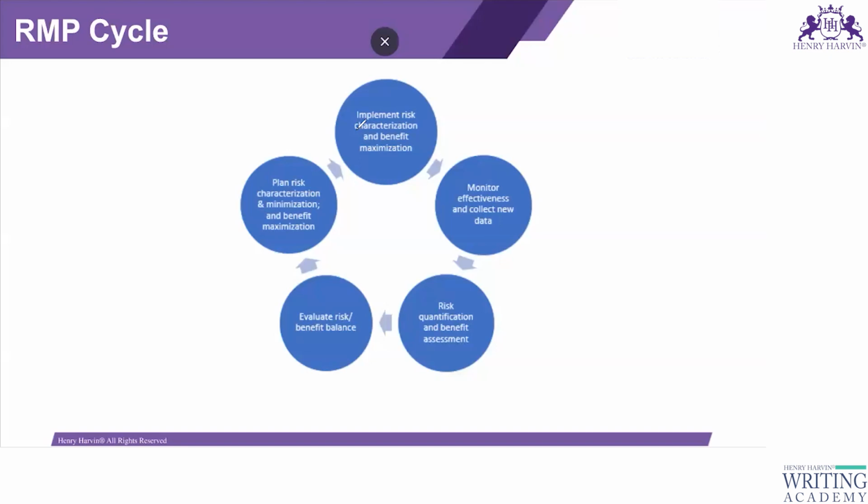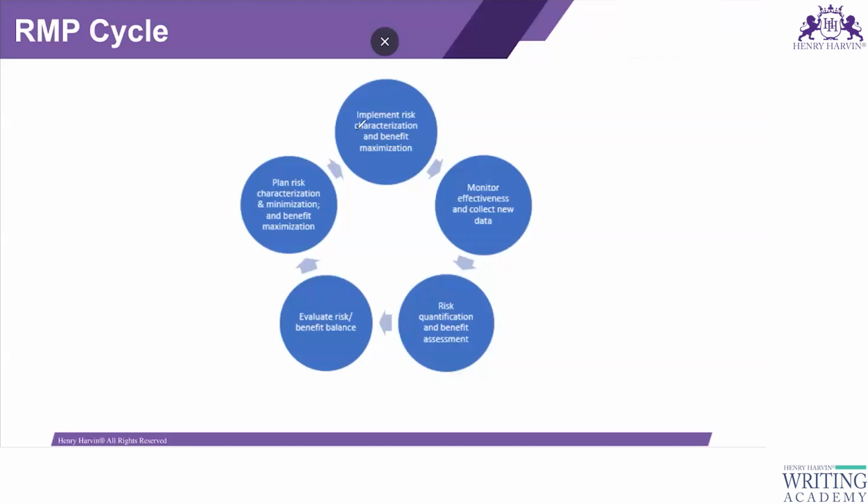Now after evaluating the risk benefit balance, certain risks can be deleted from the risk management plan, or some new risks will be added in the risk management plan, and the success of the risk minimization activities is also evaluated. And then on the basis of that, for the subsequent year, again the risk characterization and minimization and the benefit maximization plans or the additional risk minimization activities are planned. And like this, the whole cycle goes on.